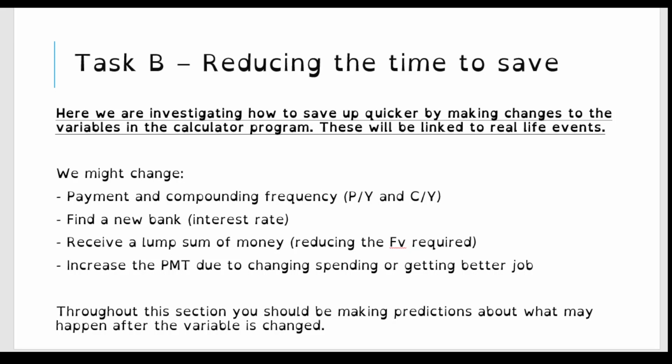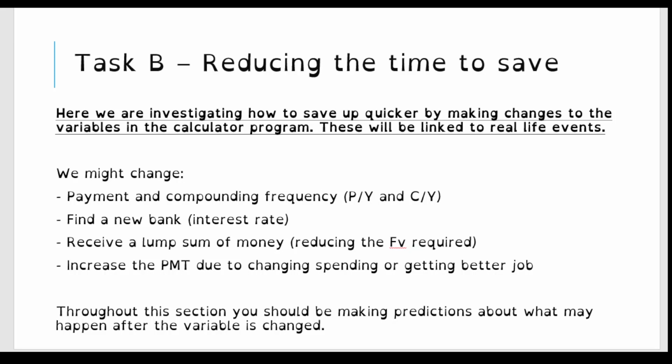When we get into task B, this is where we're starting to look at the bank accounts that we had earlier. We're going to choose one of them, and we're going to start making some changes to the variables in the graphics calculator. We want to link these to real life events, or we want to have a good explanation for them. So for example, you can change the payment or the compounding frequency.